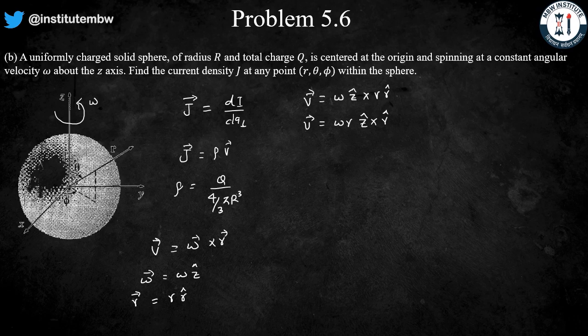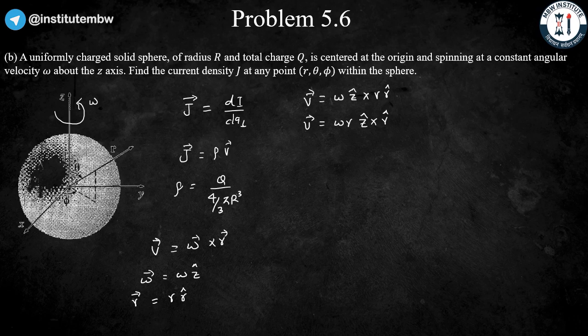To find the z cap cross r cap, what we did in part A, we will do same in part B, but in part A we were having a cylindrical coordinate system, but in part B we will have spherical coordinate system.